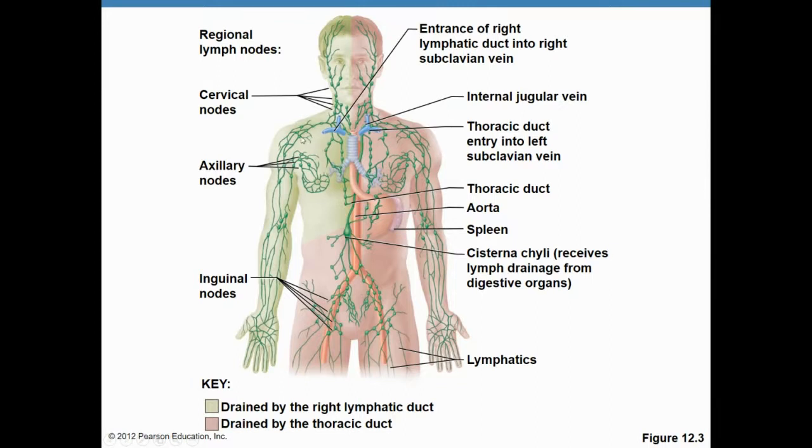So everything that's shaded in green is going to be drained of its lymph by the right lymphatic duct. Everything that's in red is going to be drained by our thoracic duct. And then that fluid is going to be dumped into the subclavian veins right before the subclavian veins merge together to form the superior vena cava.